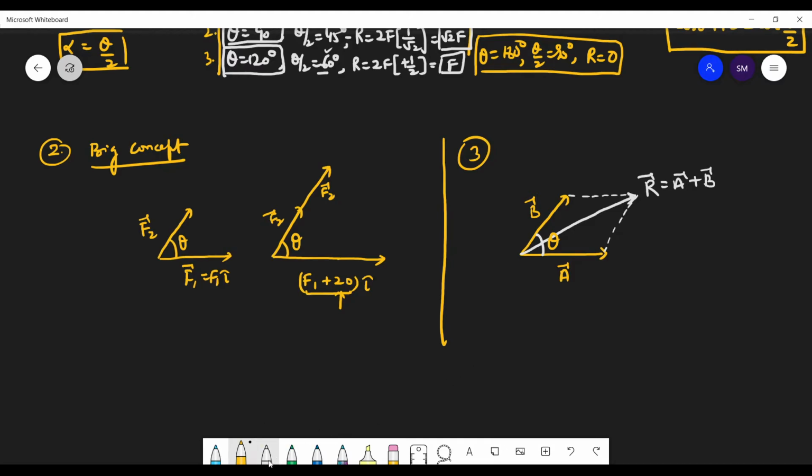Now what about if this is minus B vector?